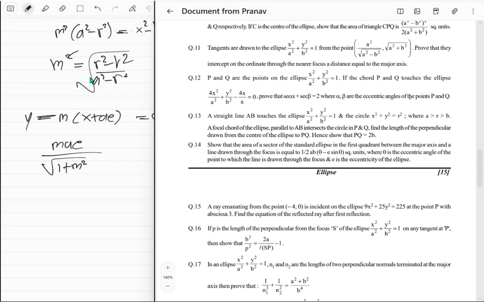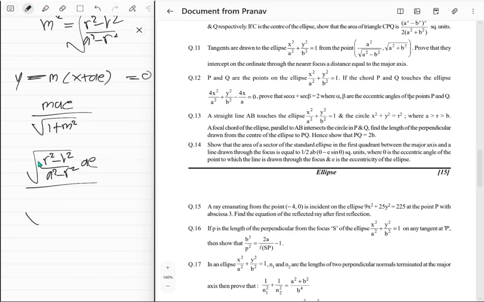And you want to figure out what this distance is. So just plug this value in here: square root of (r squared minus b squared) upon (a squared minus r squared), and you get AE upon square root of 1 plus all of this. Combine, you just get a squared minus b squared on the top.